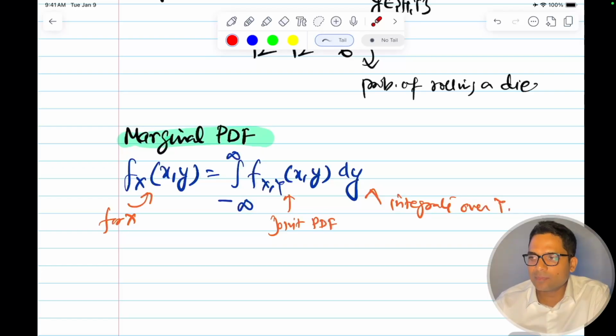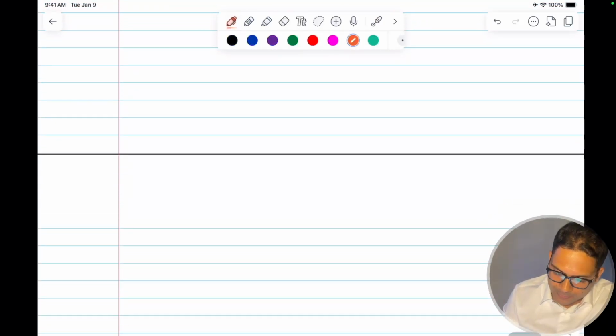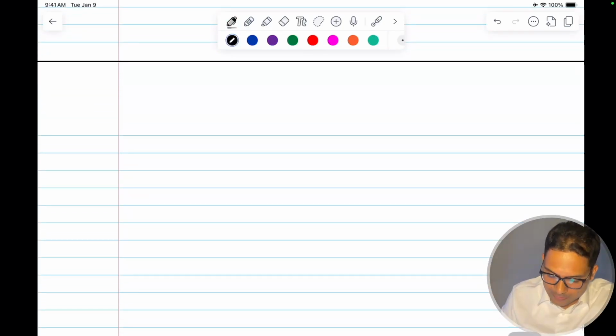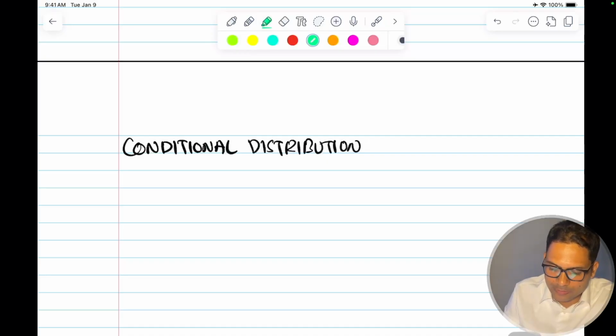So quickly let's jump to conditional distribution now. We know this already, but I'll write it down formally for you. What is conditional distribution? We have seen this in the past. Conditional probability distribution: when I say only distribution, I mean probability is implicit.